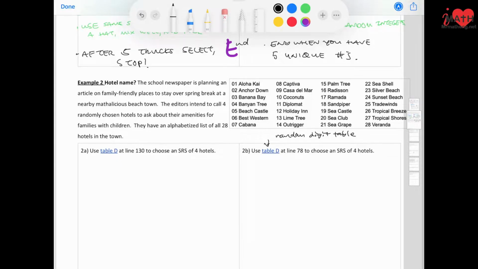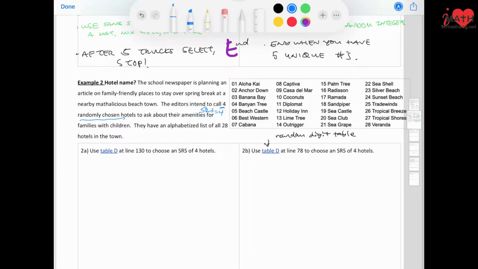The school newspaper is planning an article on family-friendly places to stay over spring break at a nearby Mathalicious beach town. The editors intend to call for 4 randomly chosen hotels. I'm going to stop right there. I'm going to underline that. They want an SRS of 4, where n equals 4, and to ask about their amenities for families with children.